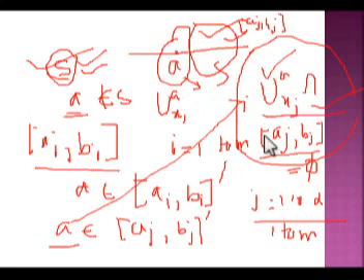So we are getting that S is not compact, but that is not true. S is compact, as we have already taken, and every open cover must have a finite subcover. So this is a contradiction.